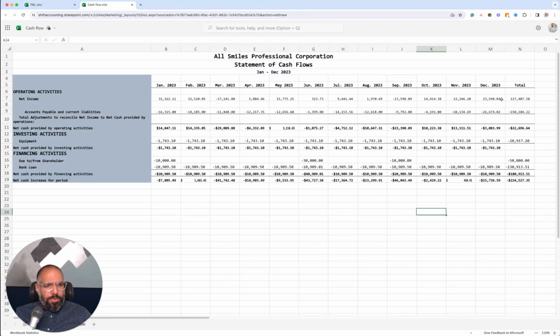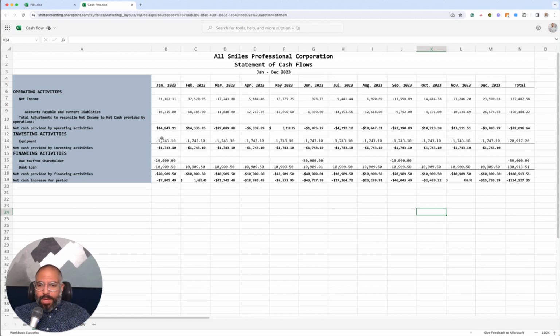So we have 127,000 in net income. Now, once we factor in multiple things, so think about did all of the AR get received? Did we pay all the bills, and when did they get paid? All of these factor into the cash flow statement, okay?